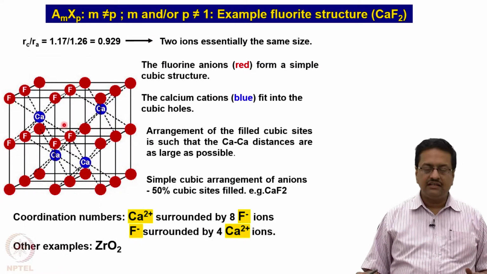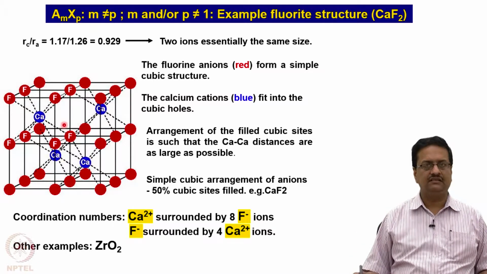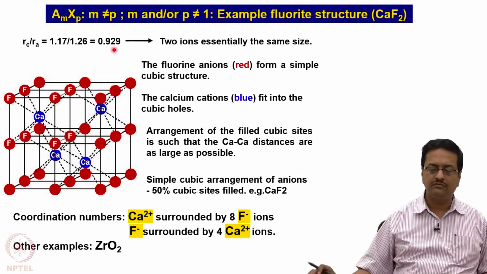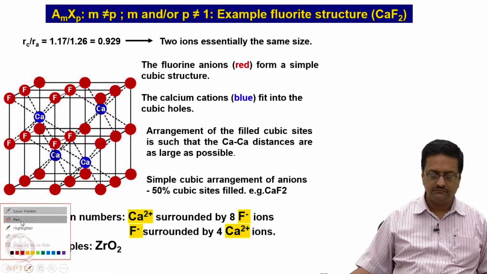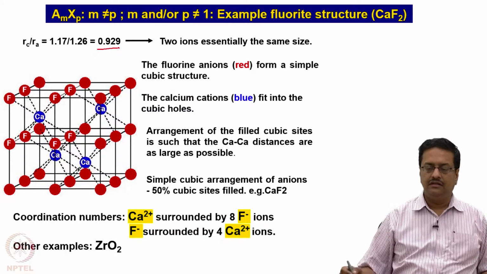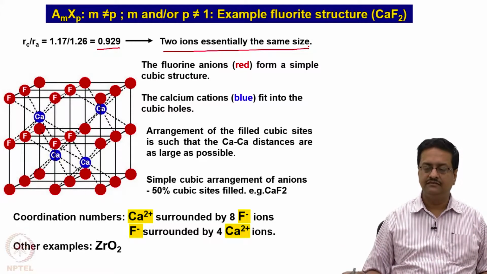So now let us see the crystal structure of the fluorite structure, calcium fluoride, where the radius ratio is about 0.929, very close to 1. That means the 2 ions are essentially of the same size.